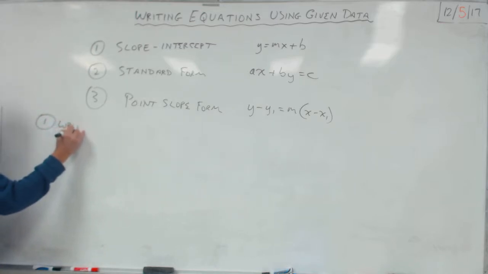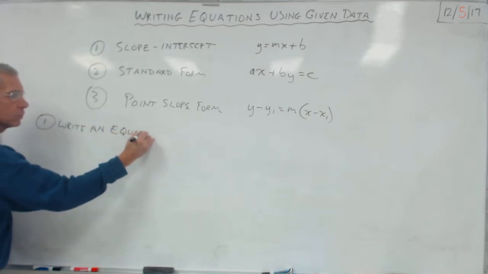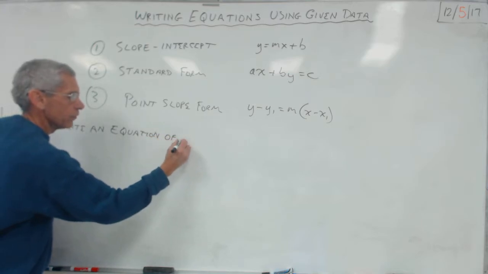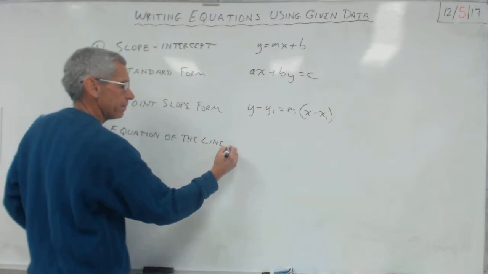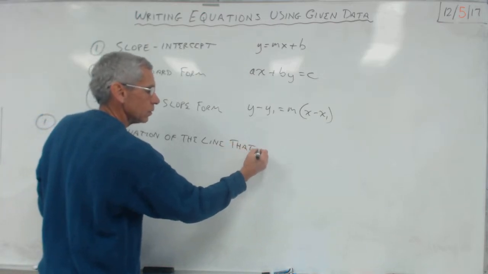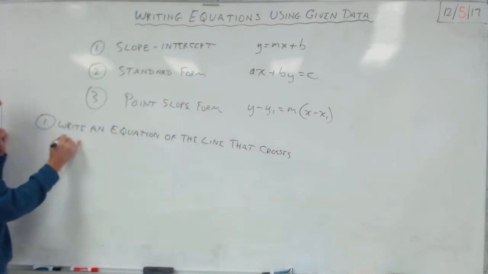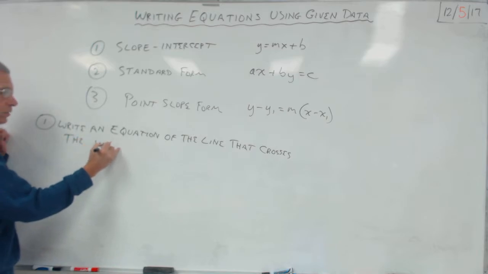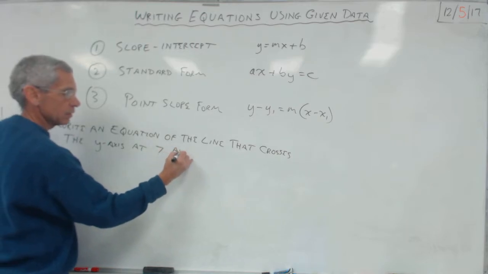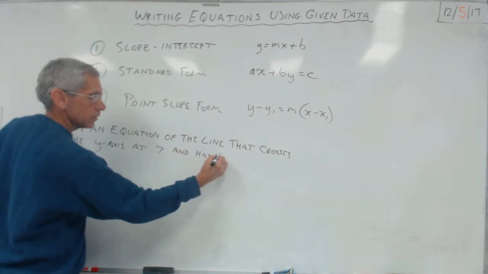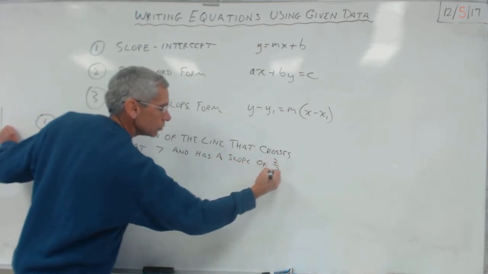Write an equation of the line that crosses the y-axis at 7 and has a slope of 2/3.